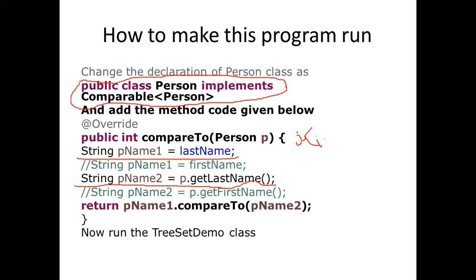That is, the last name of one object and the last name of the other object happen to be equal, then you'll get the return value to be 0.